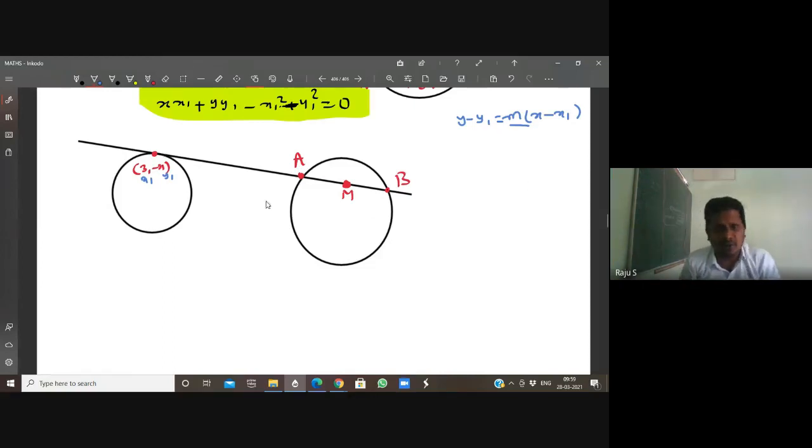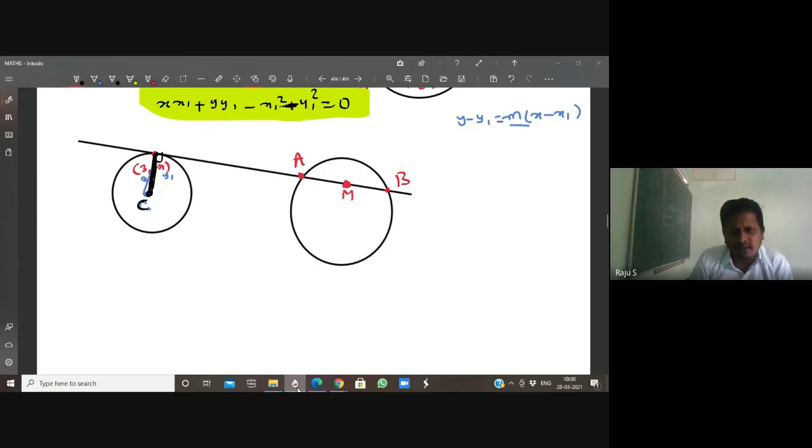To find the slope, remember that every radius is always perpendicular to the tangent. This is the center C. We draw the line joining the center and the point on the tangent, so clearly it is the radius and it is perpendicular to the tangent.